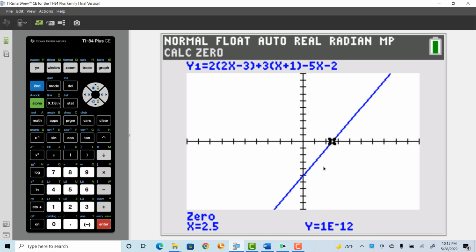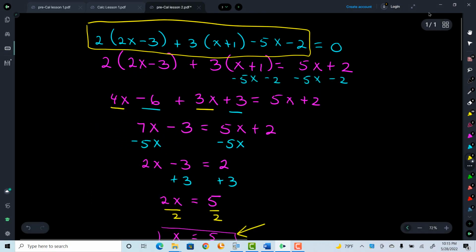Anytime I'm looking for an x-intercept, the y will be equal to 0. Okay, let me just show you that again, right? If I'm looking for an x-intercept, that means I'm looking to see where it's crossing the x-axis. Well, anything on the x-axis will have a y value of 0. Look, this is 1, 0.